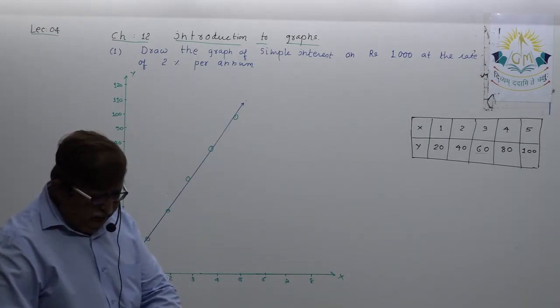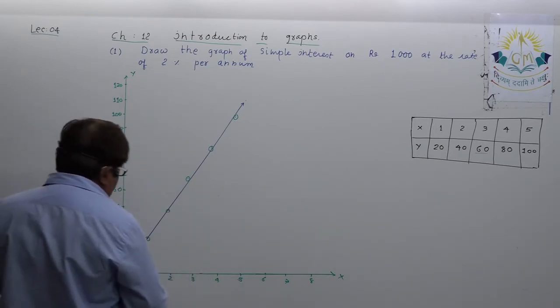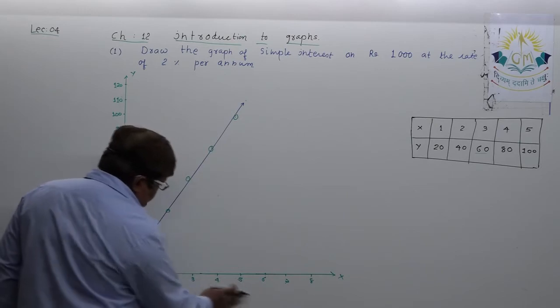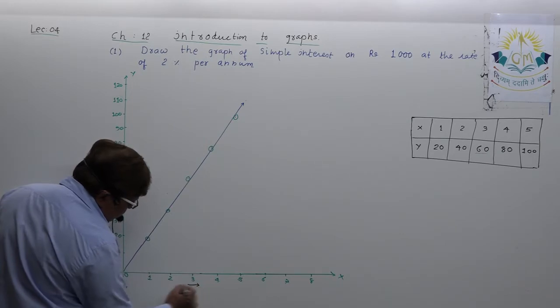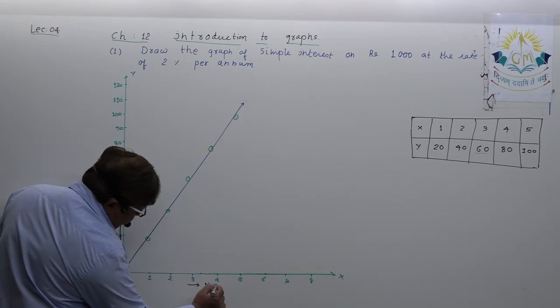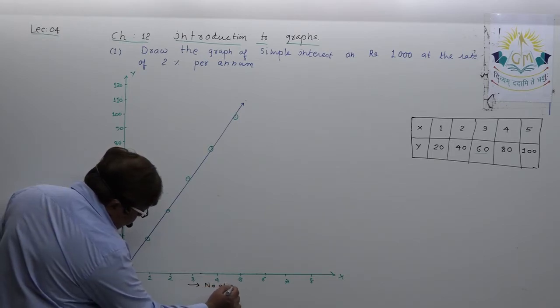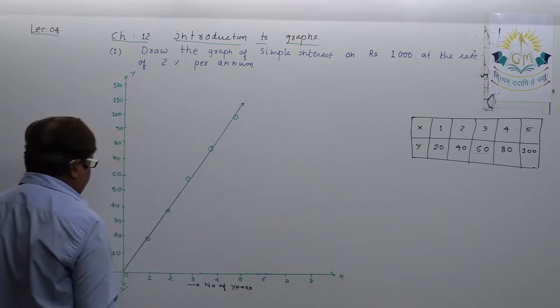Now, dear student, after drawing the graph, in this green little part left for you, what you have represented here, number of years, you have to write this way, number of years, aligning with the X axis.